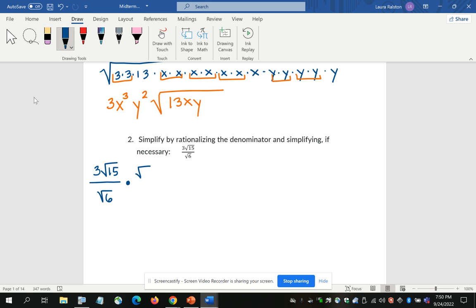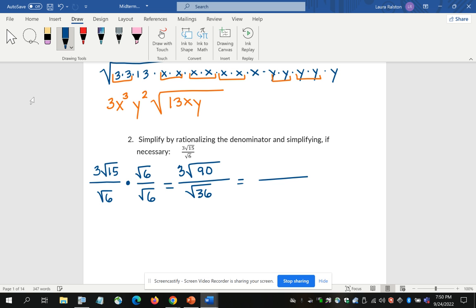So we're going to multiply the numerator and the denominator by the square root of 6. That's the process of rationalizing. Then we're going to multiply the numerators and multiply the denominators. So I have 3 times the square root of 90 over the square root of 36.